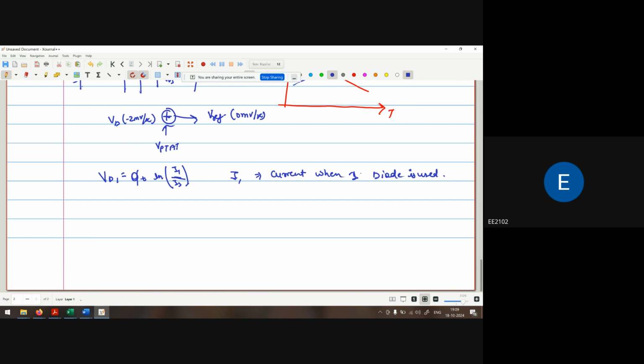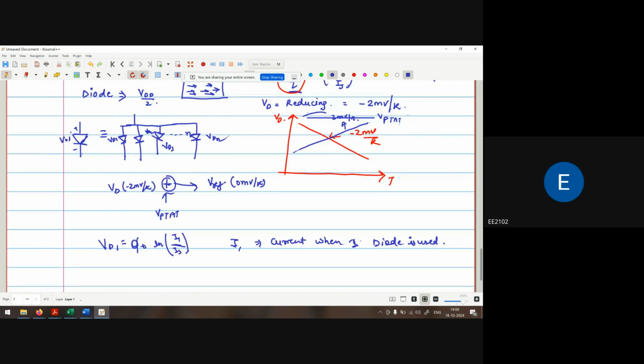Now if I am using multiple diodes, the overall current is N times I1. Why? Because through every diode the current is I1. The first diode has current I1, the second diode has current I1, the third diode too, and all the configurations are in parallel. That means the voltage is the same, but the current should be different.